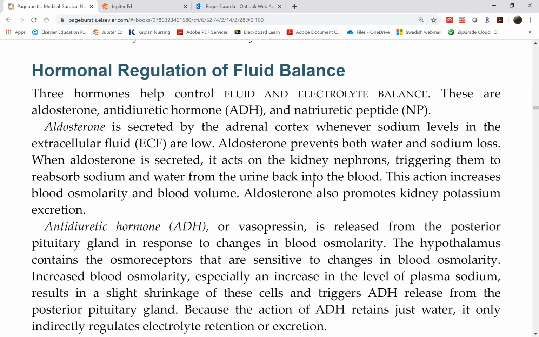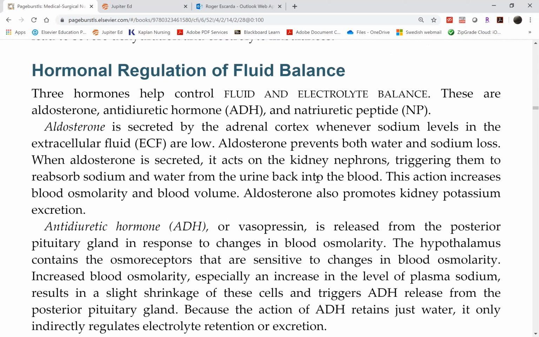Let's go to hormonal regulation and fluid balance. So we've been through busy days, you and I, whether you work as a nurse, LPN, CNA, orderly, or whatever you do. There will be crazy days at work wherein you're amazed at how you survive not getting a meal or drinking water or even going to the bathroom, right?